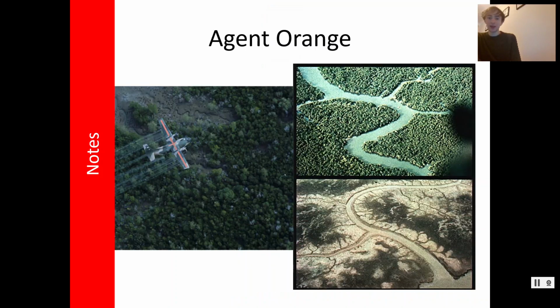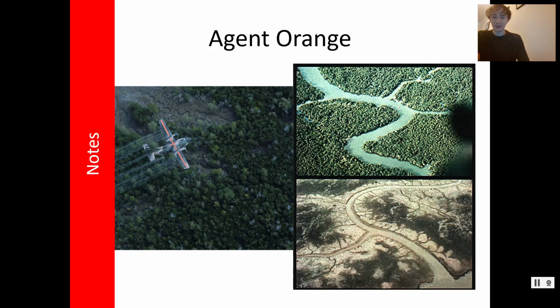The same thing happened with Agent Orange, and this is a more uncomfortable use of these kinds of hormones. This was used in the Vietnam War, and these were sprayed all over forests where the Vietnamese fighters, the Viet Cong, were hiding, so that American soldiers could find them more easily.